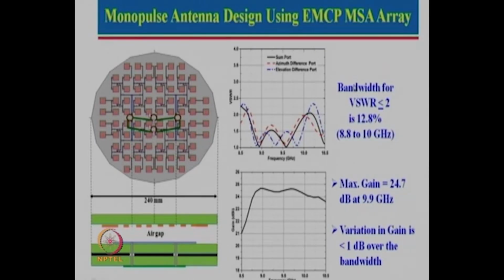And let us just look at the VSWR plot for all these things here. What we have got here is 8.8 to 10 gigahertz, that is nearly 13% bandwidth for VSWR less than 2. And for this element we have got a maximum gain of about 24.7 dB, and again in this particular case, if you see, the gain variation is less than 1 dB.